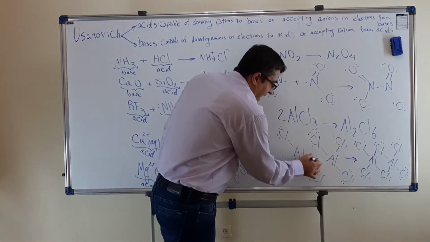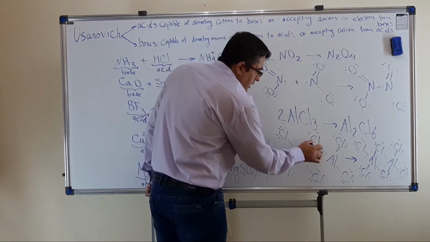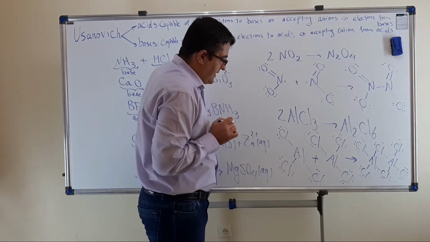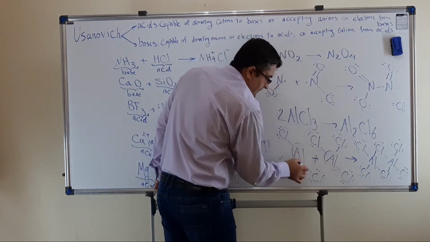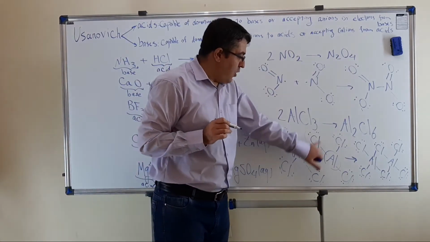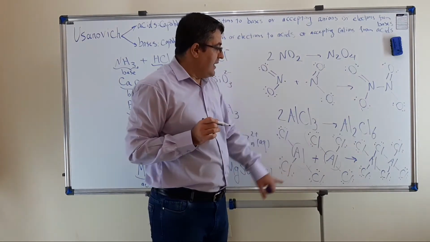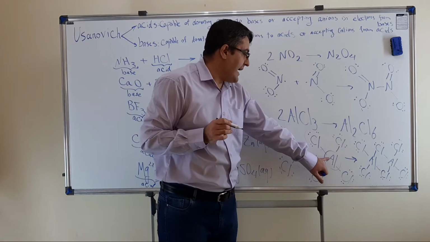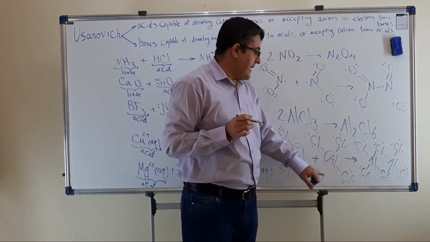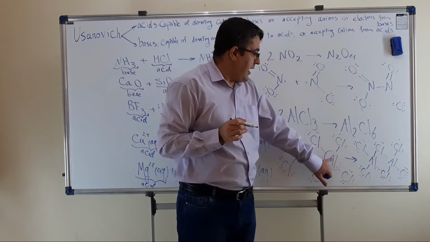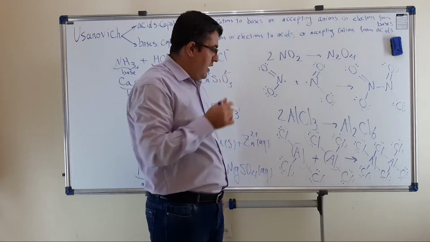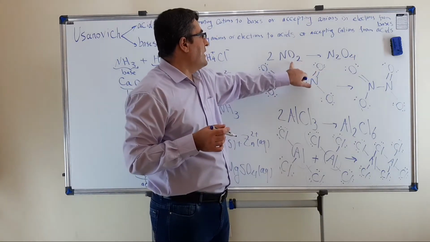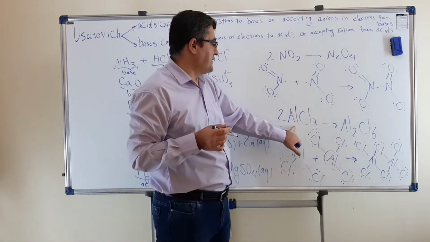We see that in this reaction, these two chlorine atoms share their lone electron pairs with aluminum atoms. These chlorine atoms, as electron donors, can be considered as Usanovich bases, while aluminum atoms, acting as electron acceptors, can be considered as Usanovich acids. So, Usanovich acid-base theory doesn't include this dimerization, but it includes this dimerization.